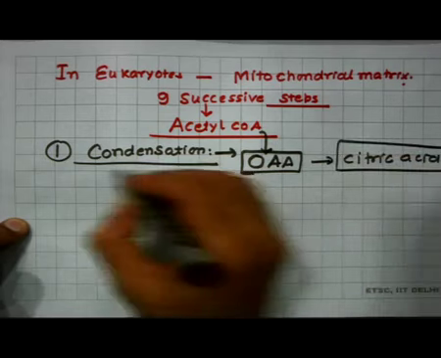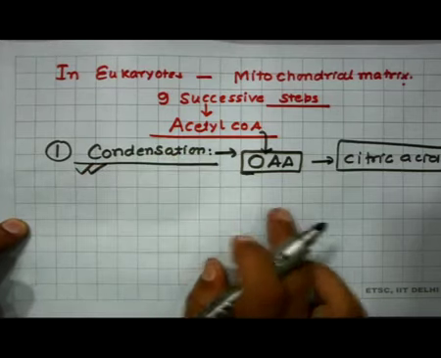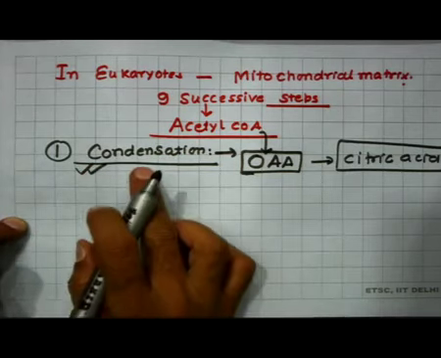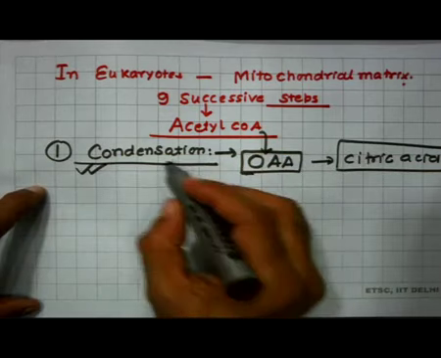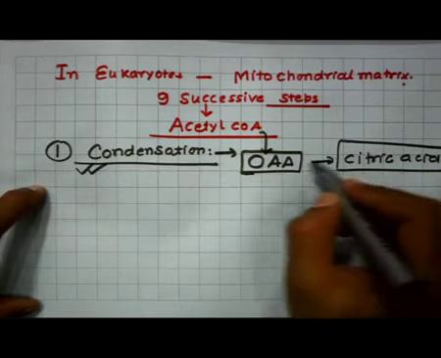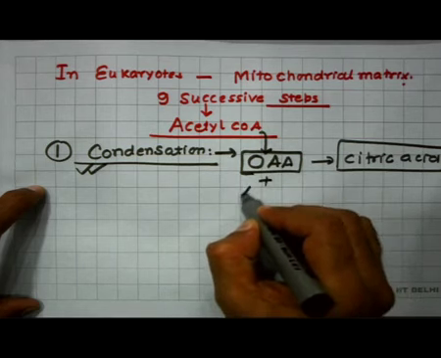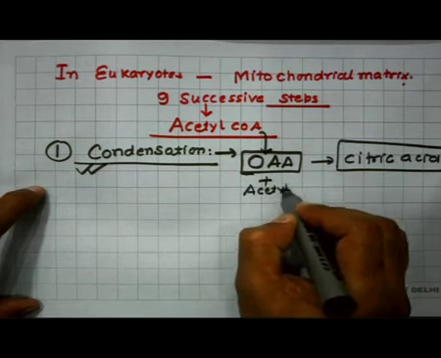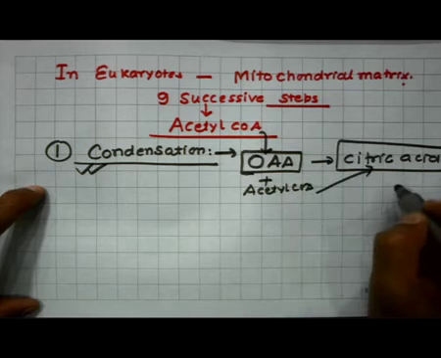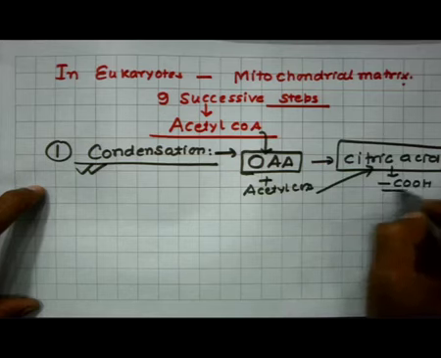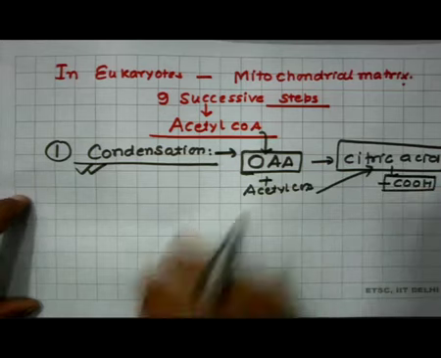So, the first reaction is called condensation, which will be discussed later on. In condensation the two molecules, oxaloacetic acid plus acyl coenzyme A, combine to form citric acid, which has 3 COOH groups. So, this cycle is called the tricarboxylic acid cycle.